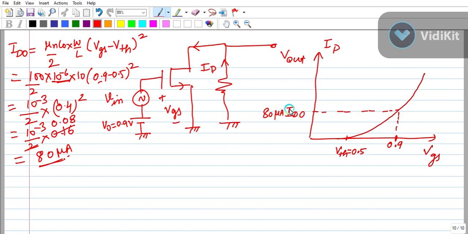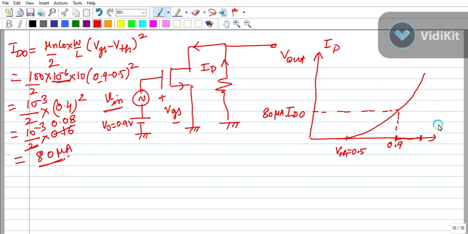Okay, so this is 80 microampere. Now when we give input, this will shift up. So it will become 0.9 plus, sorry, this will be 5 millivolt. Okay, I'm writing clearly.